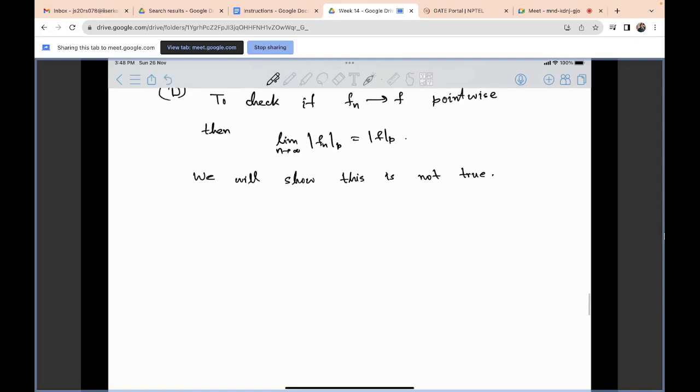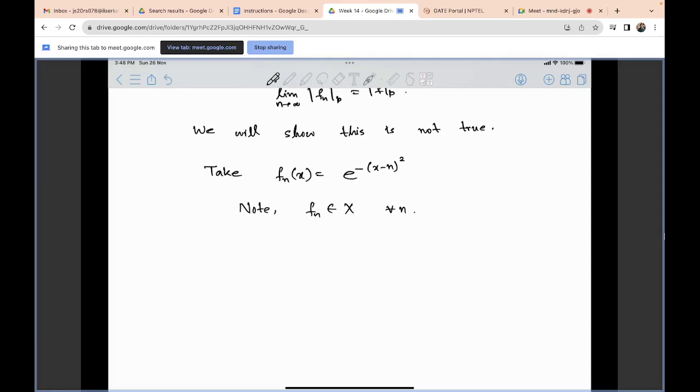So we'll give a counterexample. Take this f_n, a sequence of functions e to the power minus (x minus n) squared. Then each f_n is continuous and integrable, which you can check. So f_n belongs to the space for all n.